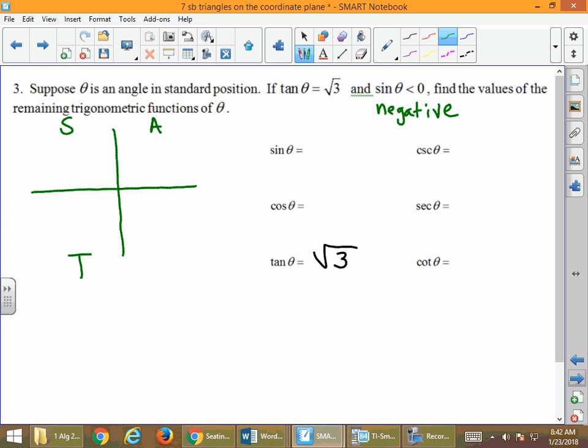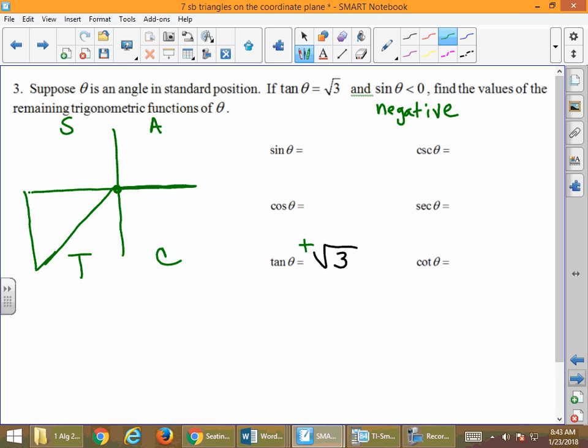T for tangent, and C is the cosine. Tangent over here, given information, happens to be positive. And because tangent is positive, then we need to be working in the third quadrant here. Here's our initial. Here's our tangent.